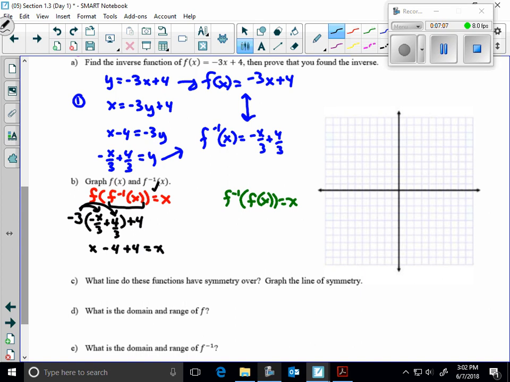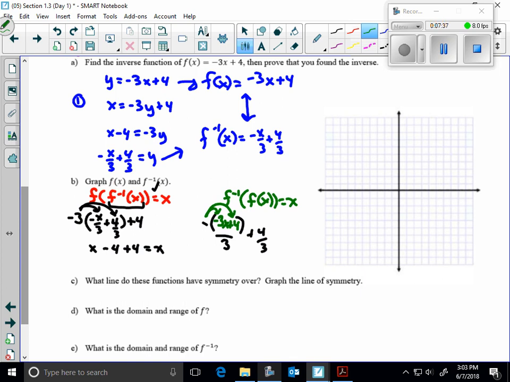So I've shown on one side that it works. Let's do it on the other side. So into f inverse, which is negative x over 3 plus 4/3, I'm going to plug in f. F is negative 3x plus 4. Okay, so I'm going to change the sign.